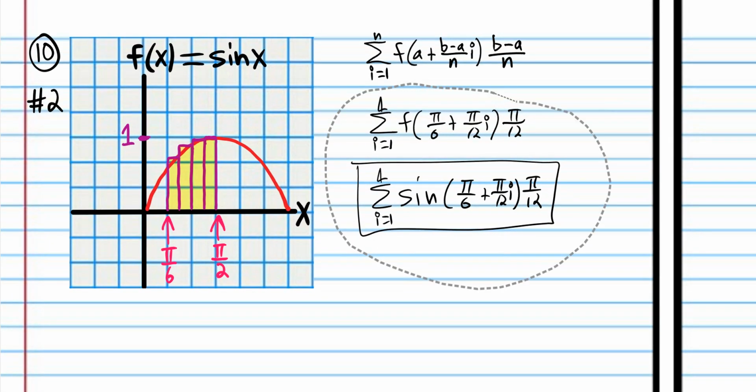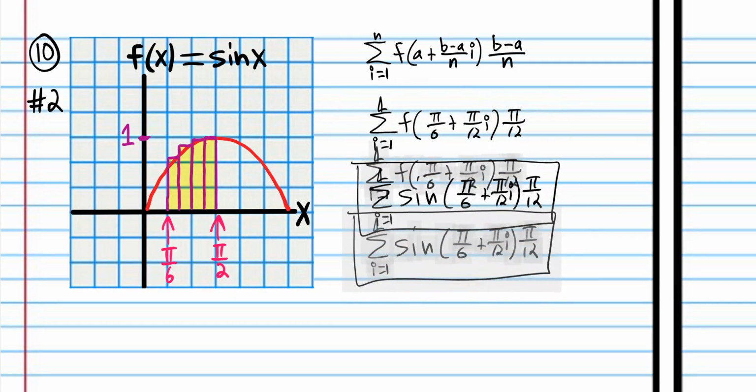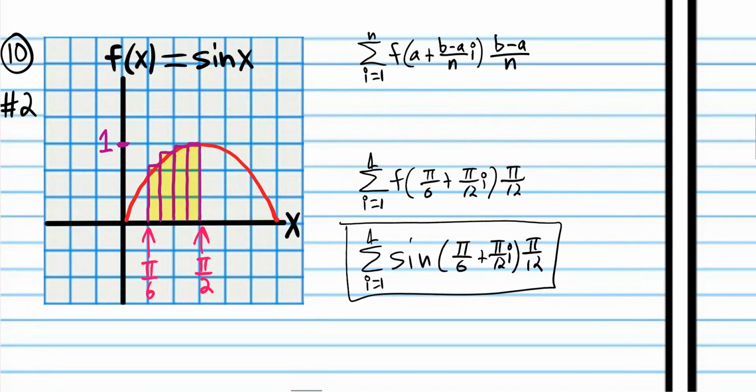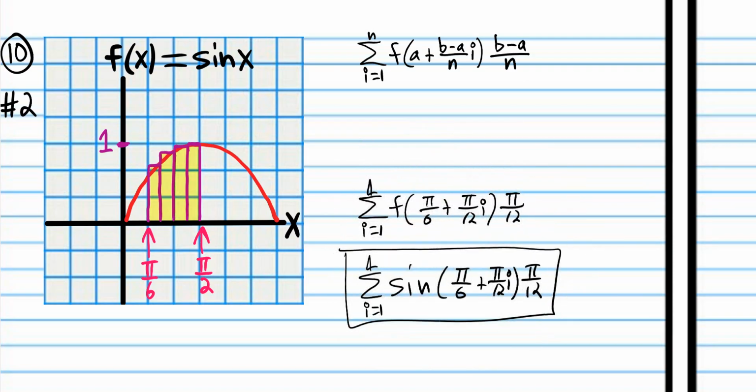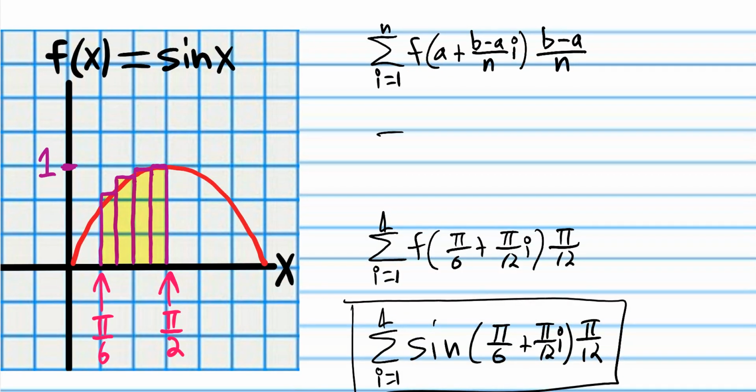And maybe I'll just plug in the numbers just so you can see what that looks like. But since we already did the left endpoint problem, it's not really necessary to show all the steps.